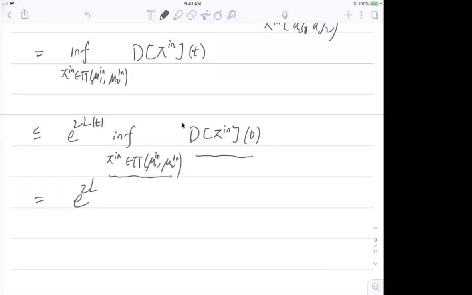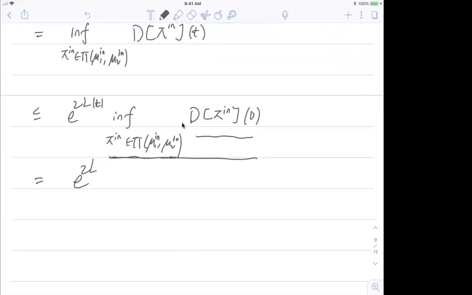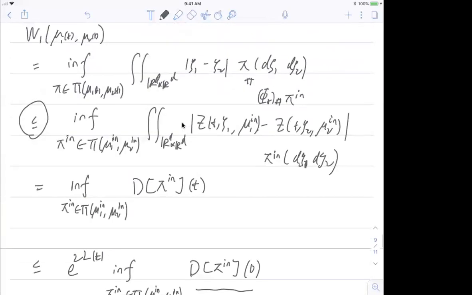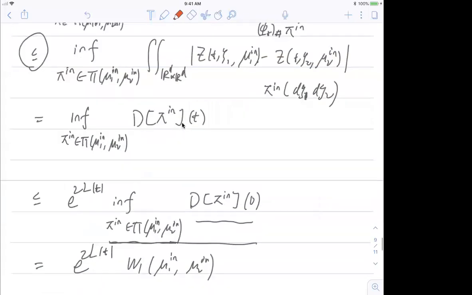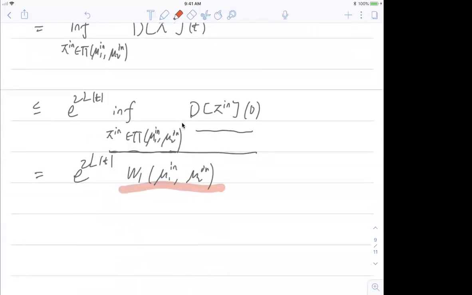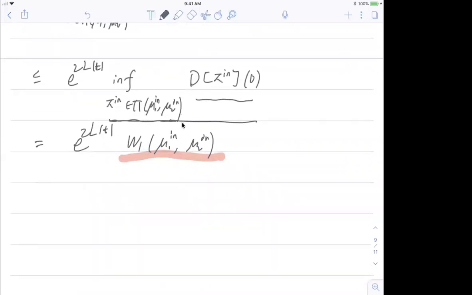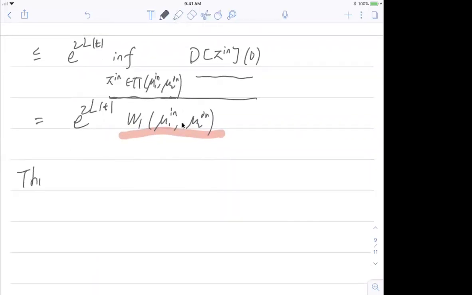So this last term is just the one Wasserstein distance. If we sum up everything, this is the one Wasserstein distance at time t, and this is the one Wasserstein distance at time 0, the initial. So we obtain Dobrushin's estimate.